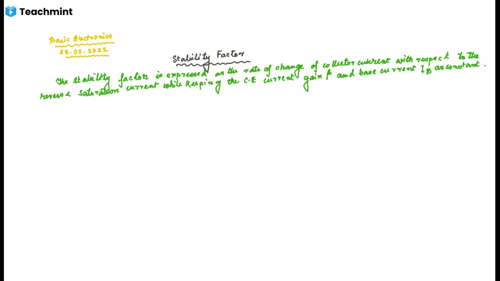So mathematically, S equals dIC by dICO, the rate of change in the collector current by the rate of change in the reverse saturation current ICO, when we keep beta and IB constant.